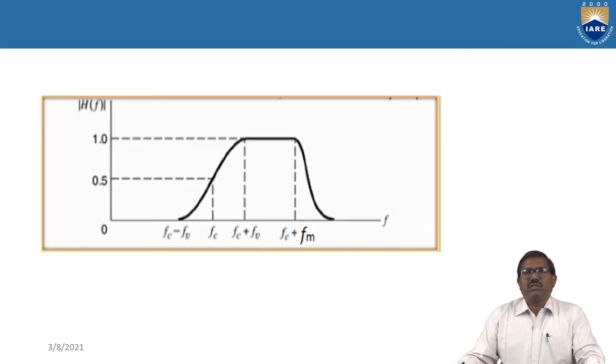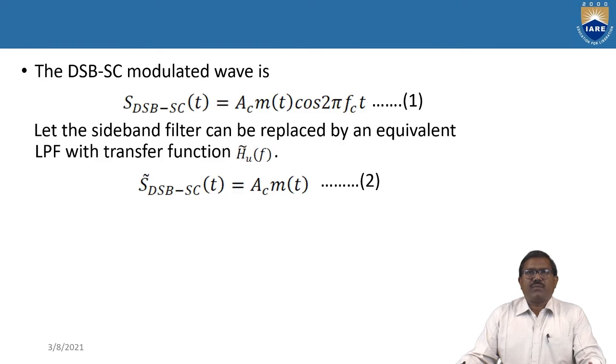Now we are looking at the time domain description of this VSB. In the time domain description, this DSB is the modulated wave. And first, how is this VSB generated?